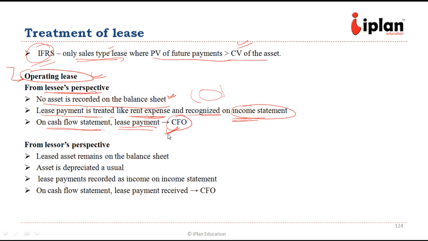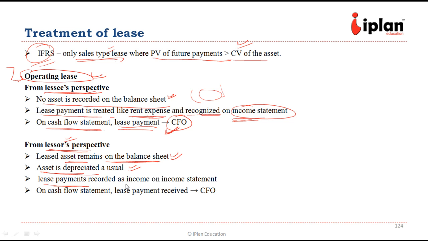Now if we look at it from the lessor's perspective, then the asset will remain on the balance sheet of the one who has provided the asset to the lessee, and in his accounts the asset is going to be depreciated as usual, and the lease payments will be recorded as income on the income statement.